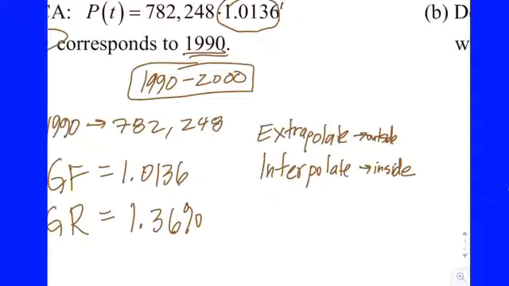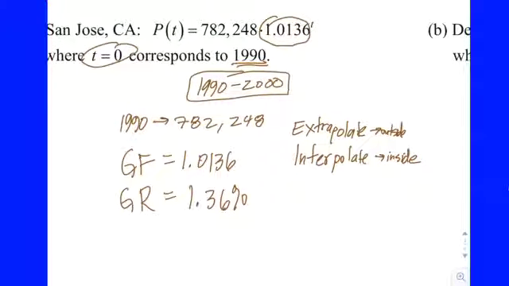Would it be wise for us to use this model to extrapolate the population of San Jose in 2018? Why not, Emma? I agree, no. How many years has it been since 2000 when the last data point was collected? 18 years. The model itself pays no attention to what's going on in the world, does it?